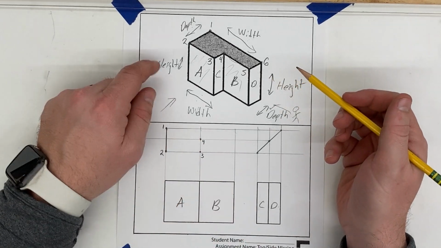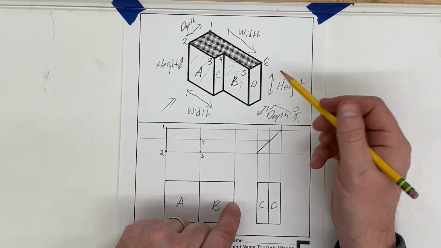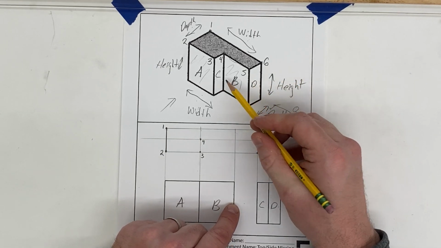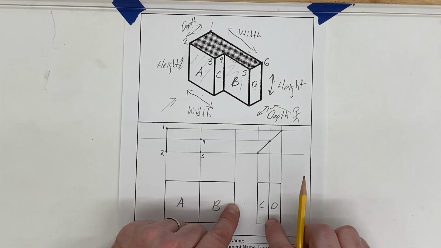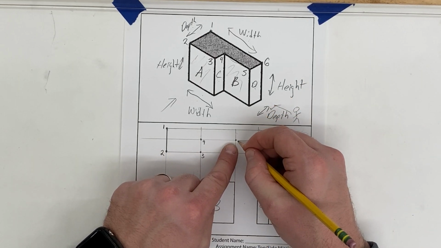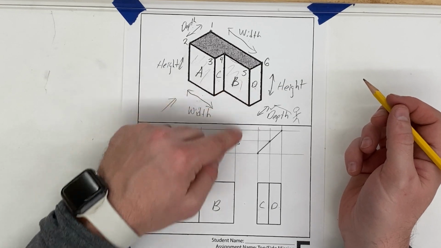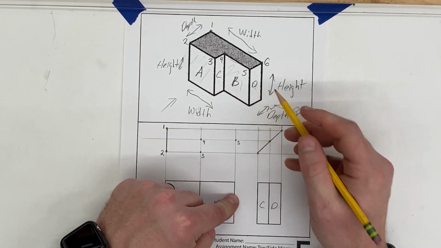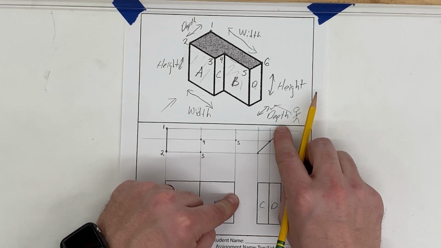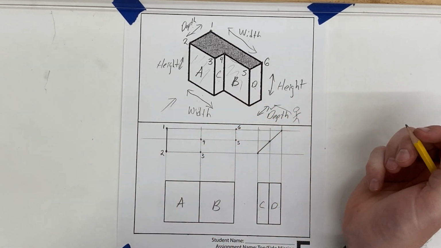Now 5, same thing. It's on the right side of B. Find B, right side, but it's in between C and D from my side view. And I follow it. There's number 5. And number 6, it's on the right side of B and on the right side of D on my side view. So I follow it. There's number 6. So I got my points now.